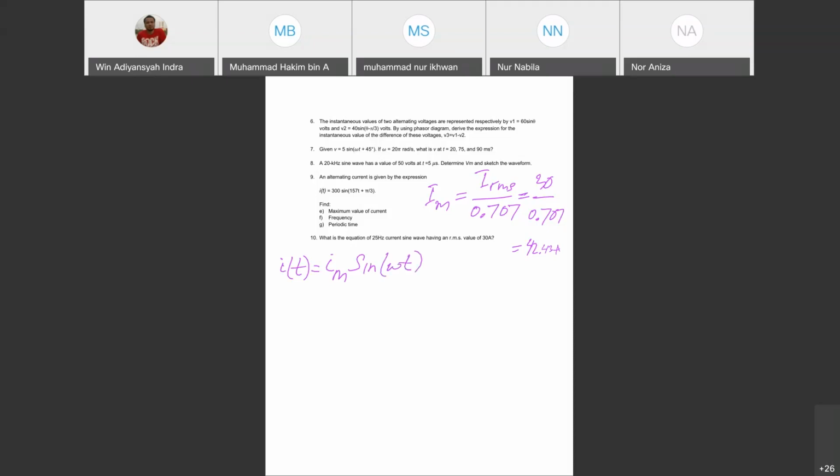Now we need to find I_m, which we just did, and omega, which equals 2 pi f.